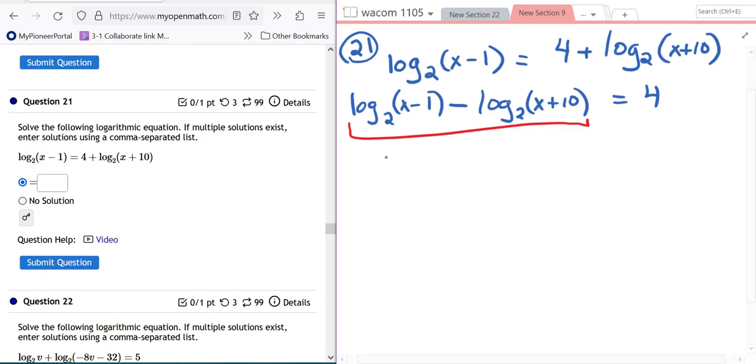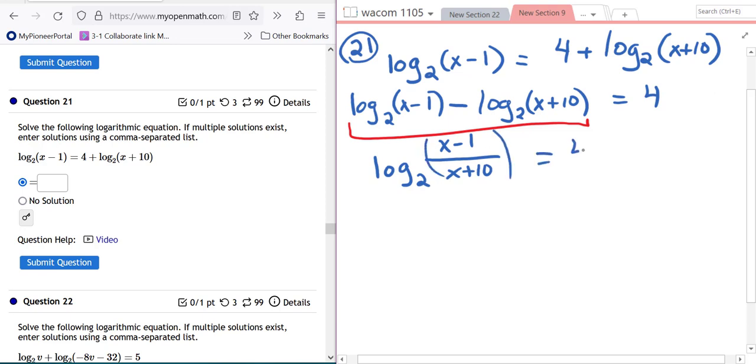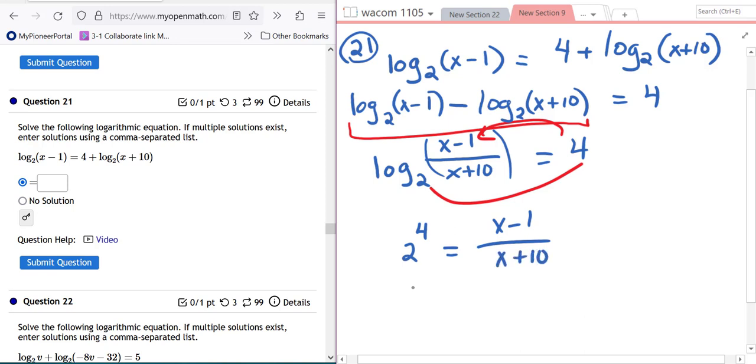So we have log base 2 of x minus 1 over x plus 10 equals 4. Now we can change the form. So 2 to the 4th equals this. 2 to the 4th is 16.